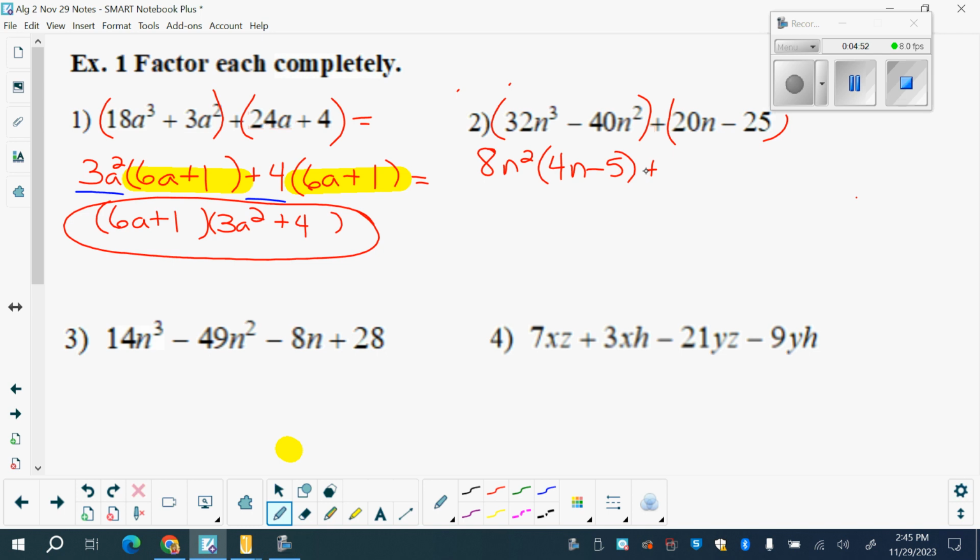Frankie, tell us what's the greatest common factor in the second group. 5, good. And then what would you have next?